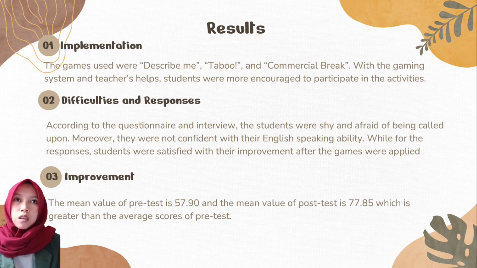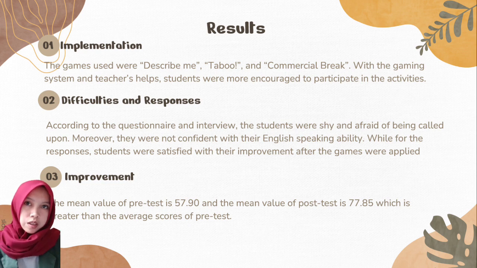And then the last one is commercial break, in which students pick an object and then describe the object they have chosen in front of their friends. With the gaming system and teachers' help, students were more encouraged to participate in the gaming activities.